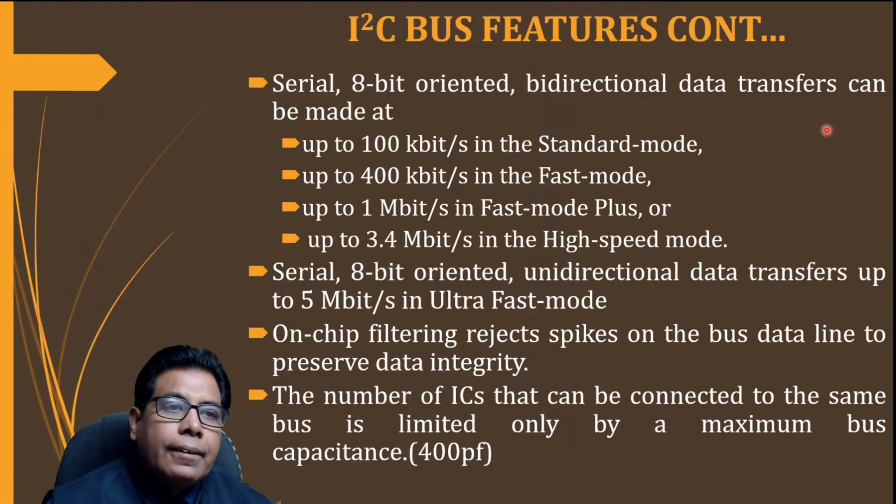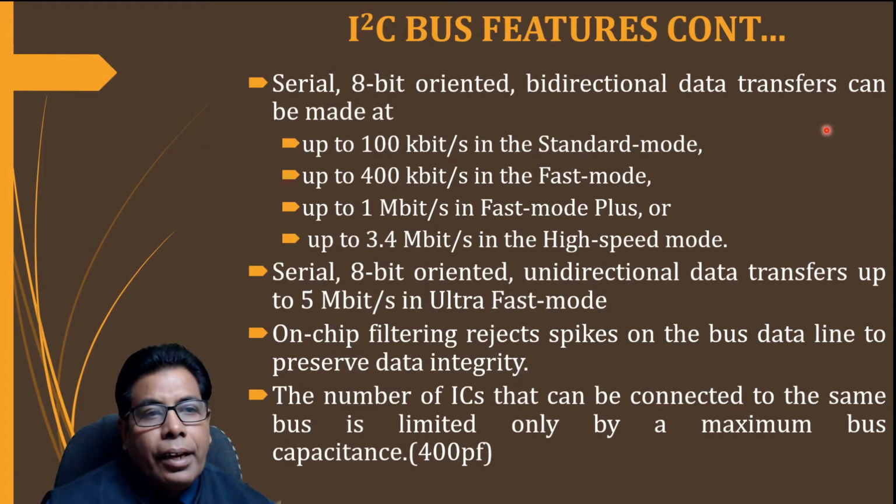Then the next feature, 8-bit oriented bidirectional data transfer speeds up to 100 kbits per second in standard mode. In fast mode it is 400 kbits per second, in fast mode plus it is 1 Mbit per second, and in high speed mode it is 3.4 Mbits per second.